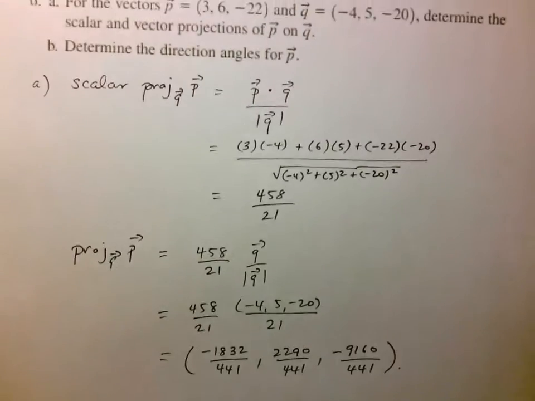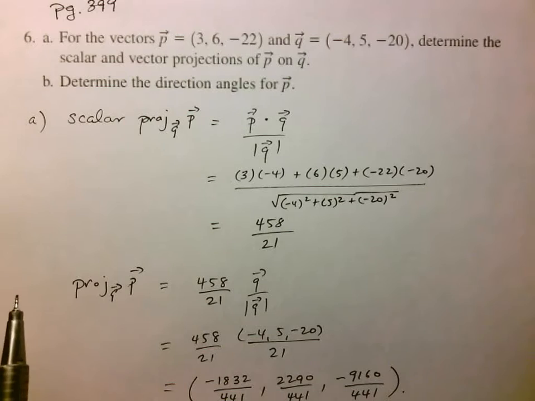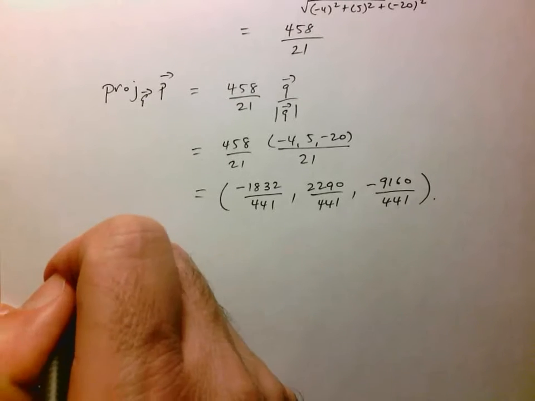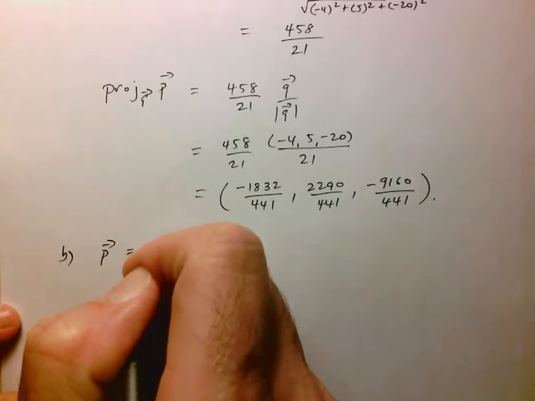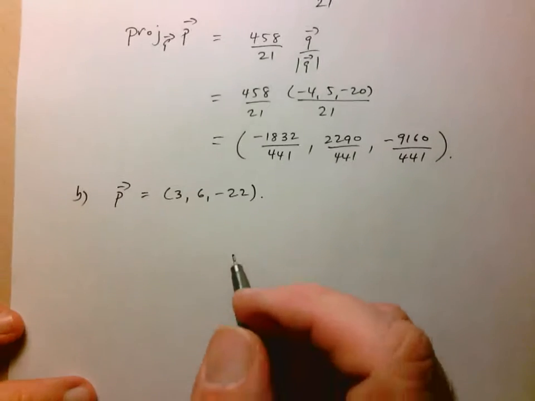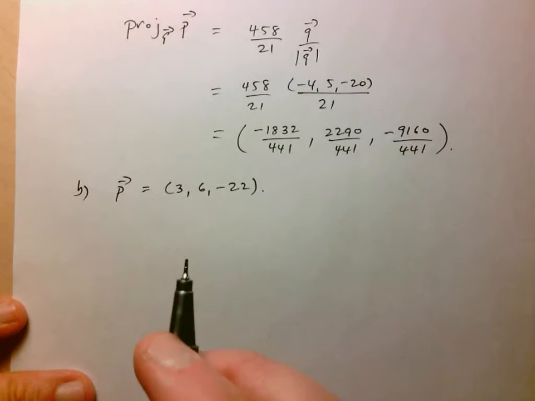Let's go back to part B. It says determine the direction angles for this vector P. Let me rewrite vector P here. For part B, P is 3, 6, -22. We had already established the equations that rule the direction angles for this vector even before we talked about projections.